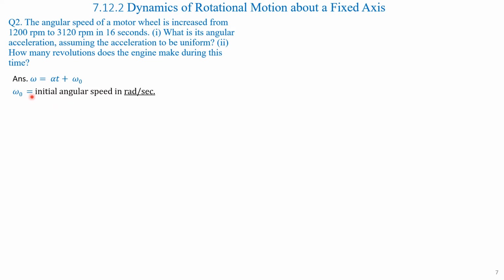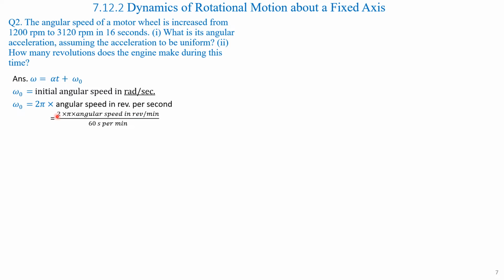Here omega naught is the initial angular speed in radians per second. Therefore, omega naught is equal to 2 pi into angular speed in revolutions per second. Please note here we are required to convert revolutions per minute to radians per second.